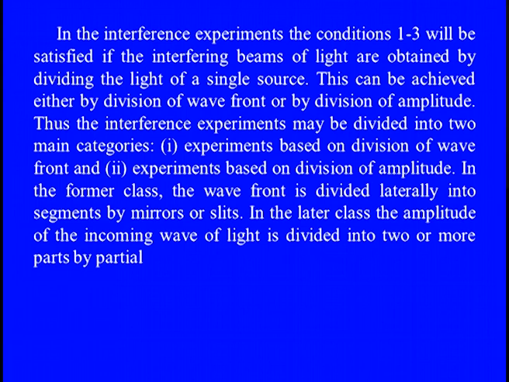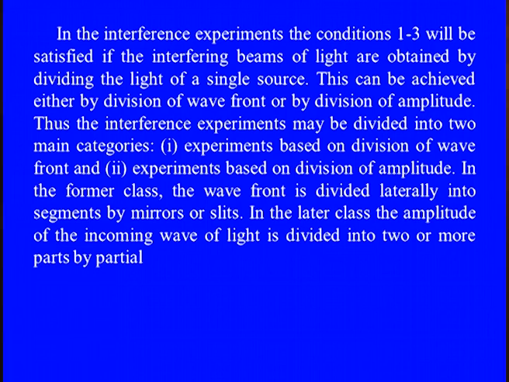Thus, the interference experiments may be divided into two main categories. Number 1, the experiments based on division of wavefront, and number 2, the experiments based on division of amplitude. In the former class, the wavefront is divided laterally into segments by mirrors or slits.